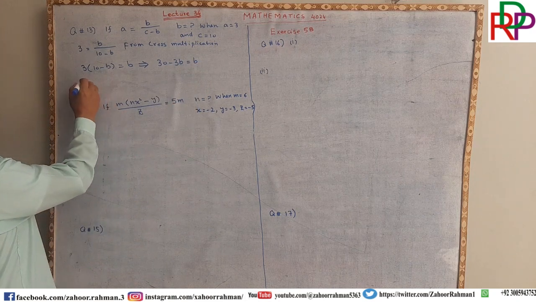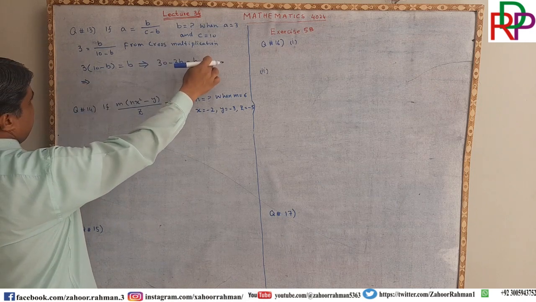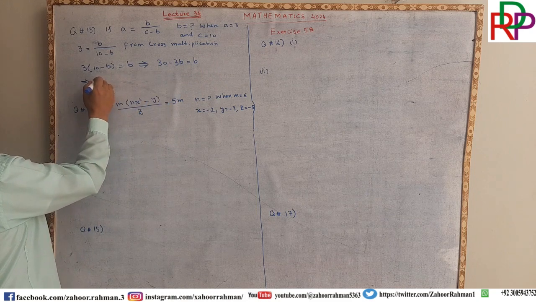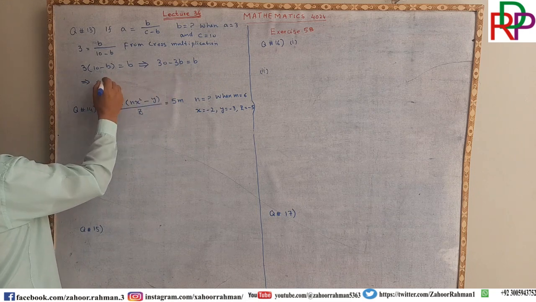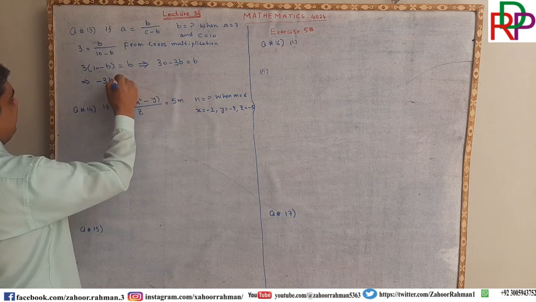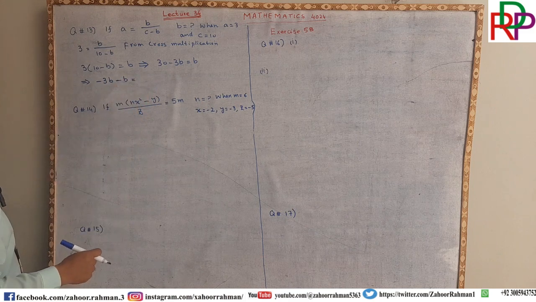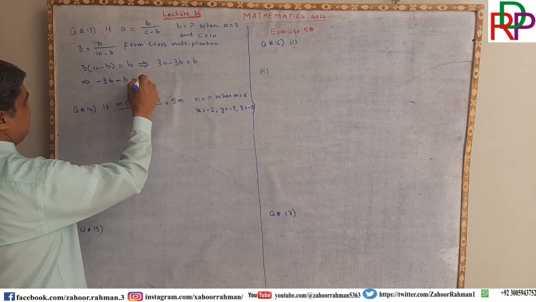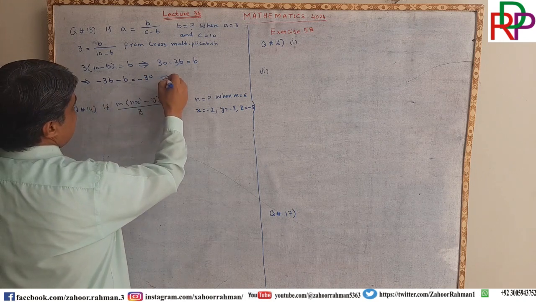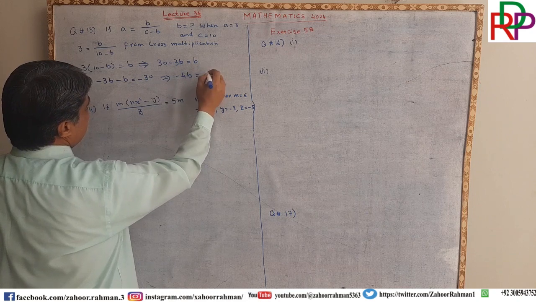So this means that if 30 is shifted to that side, it will become minus 30, but here I am writing minus 3B and I am shifting that B to this side. It will become minus and this will be minus 30. So this implies that minus 4B is equal to minus 30.